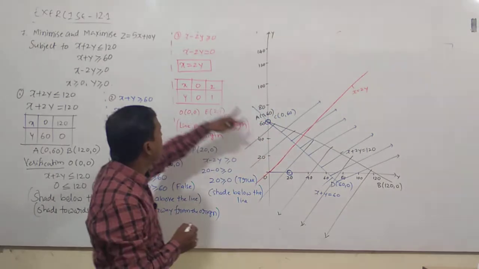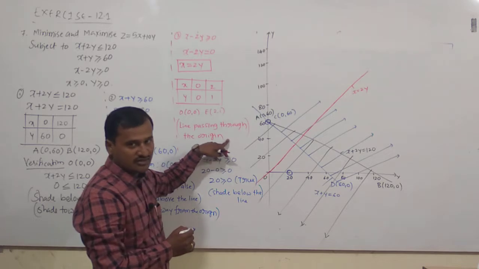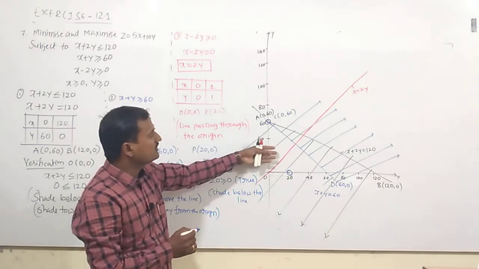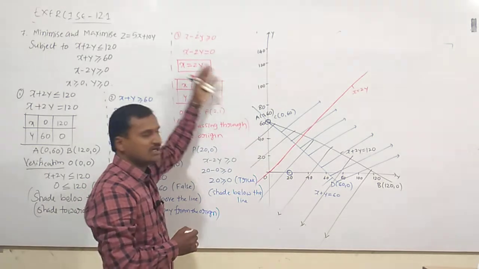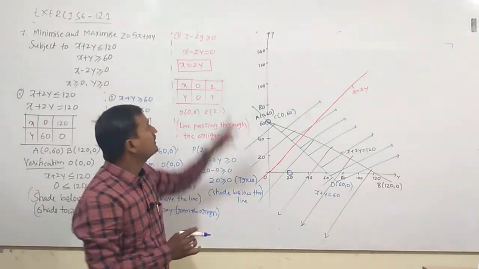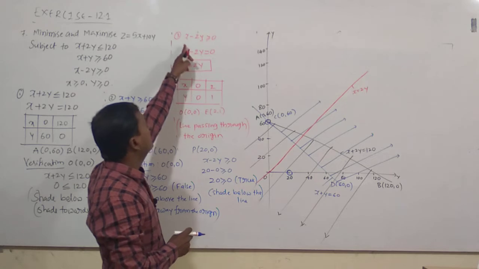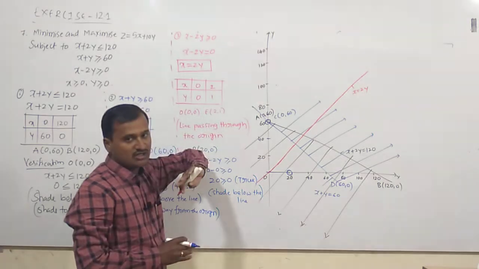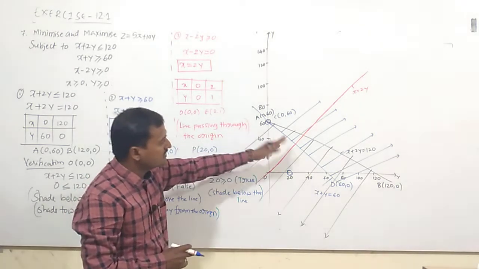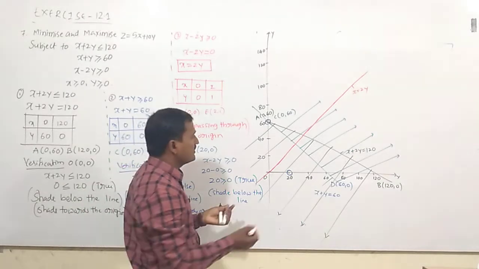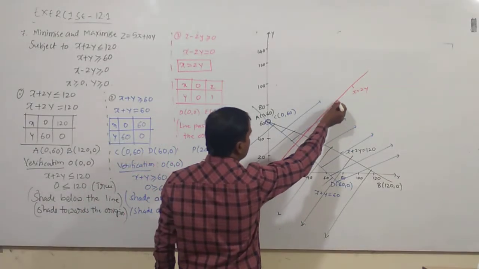In that case you get a false statement. False means the points above this line do not satisfy the given inequality. Therefore, the solution of x minus 2y more than or equal to 0 lies below this line, so you should shade below.